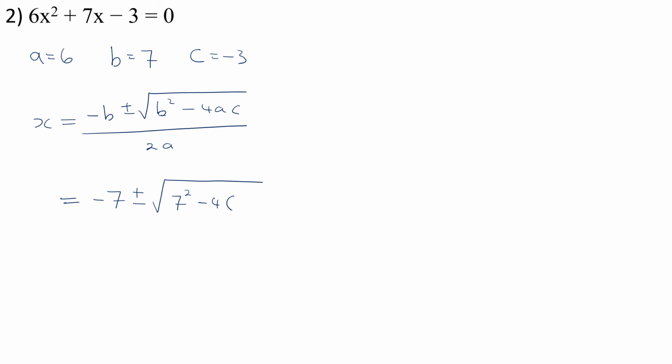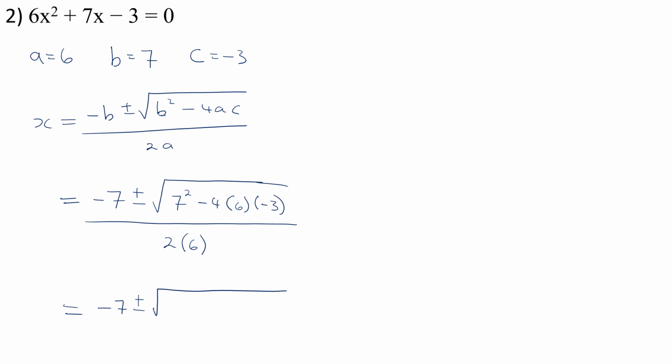A is 6 and C is negative 3. Good. And all that's divided by 2a, and a is 6 again. And I'm simplifying now. So minus 7 plus or minus the square root of 7 squared is 49. That is 7 times 7.